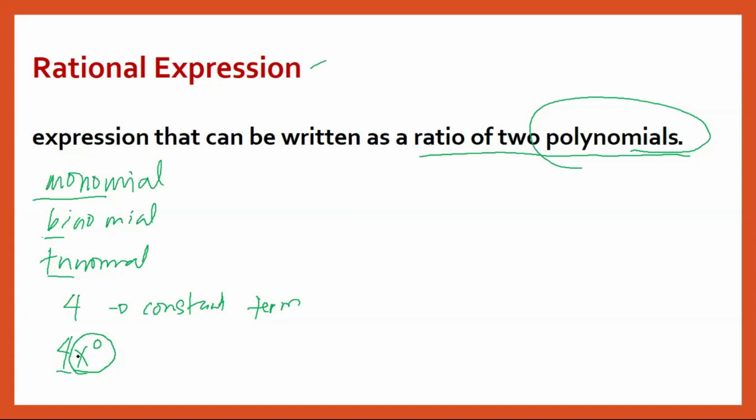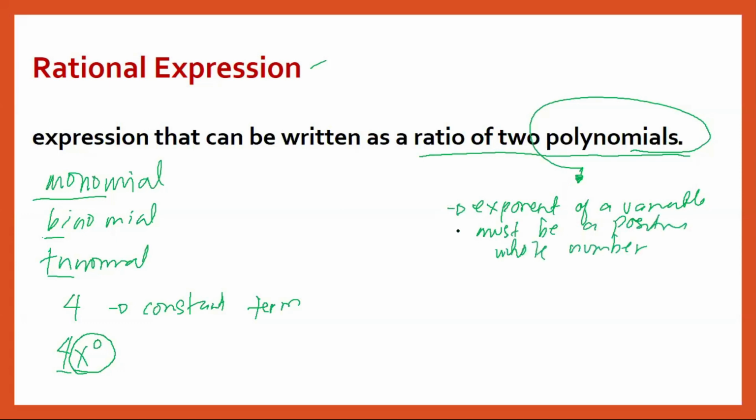Now, there are important characteristics of polynomials that you have to always consider. And these were already mentioned to you in Math 10. I certainly hope so. One of its characteristics is the exponent of a variable must be a positive whole number.